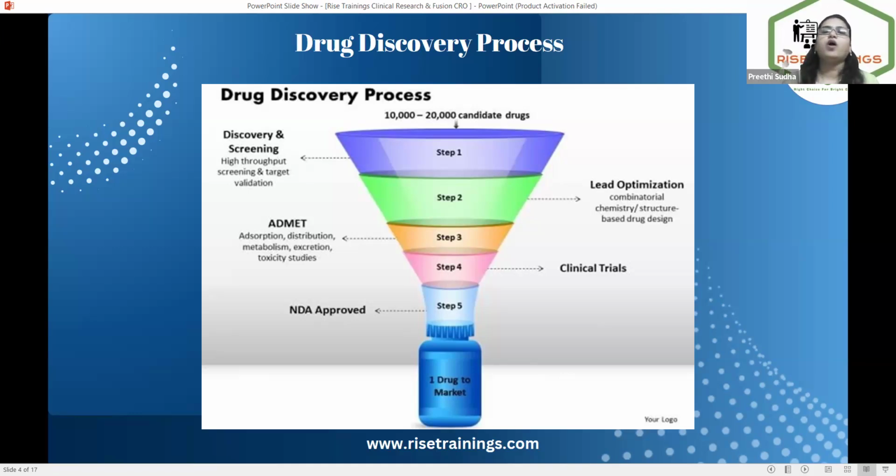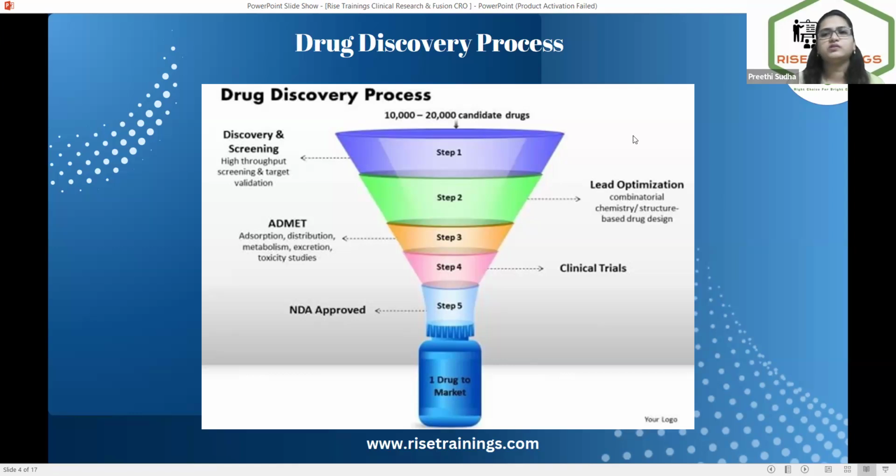They screen all these medications first, and those showing the intended purpose, the curable nature for that intended disease, are said to be the lead compounds.